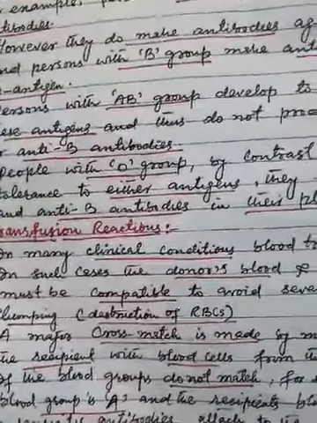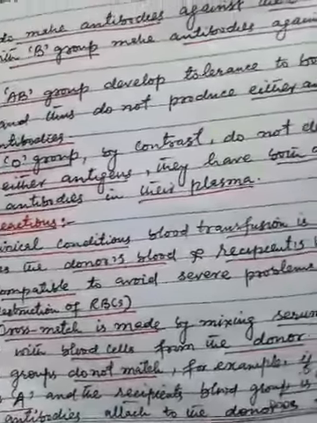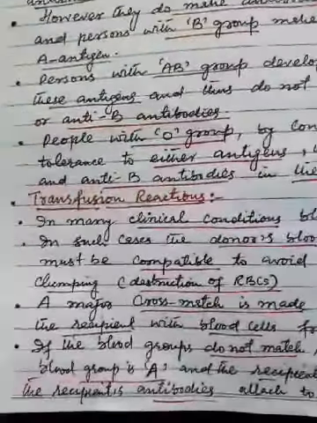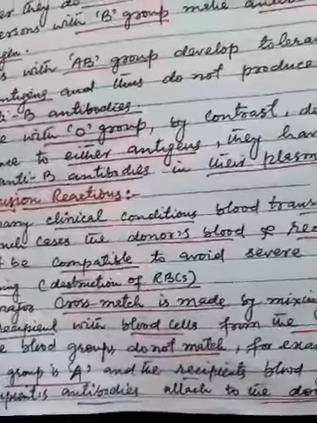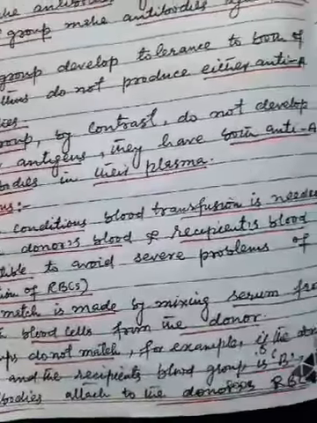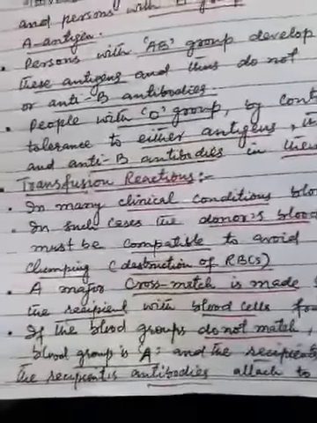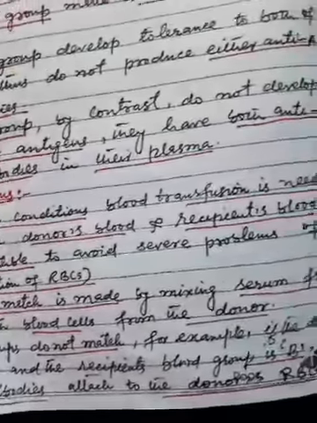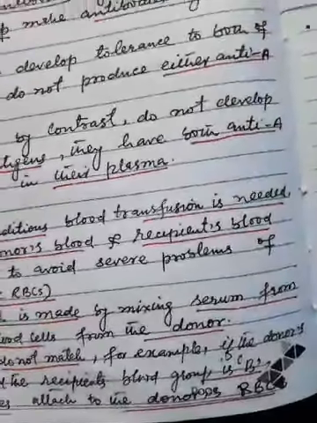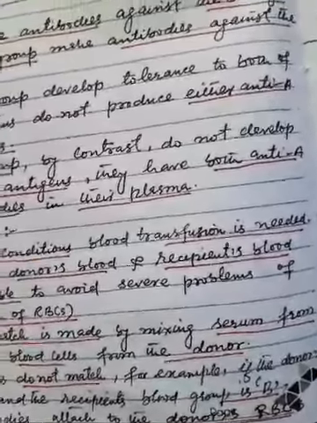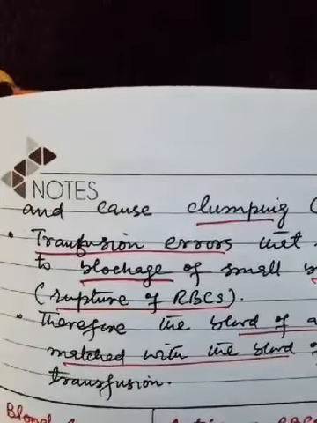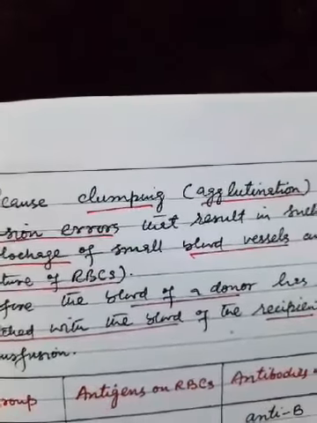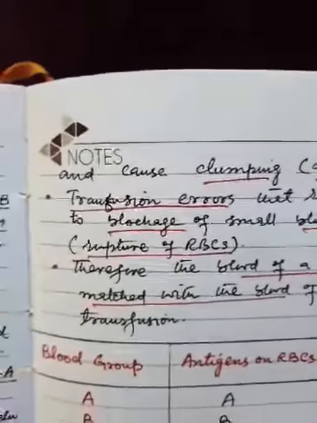If the blood groups do not match, for example, if the donor's blood group is A and the recipient's blood group is B, the recipient's antibodies attach to the donor's RBCs and cause clumping, that is agglutination.